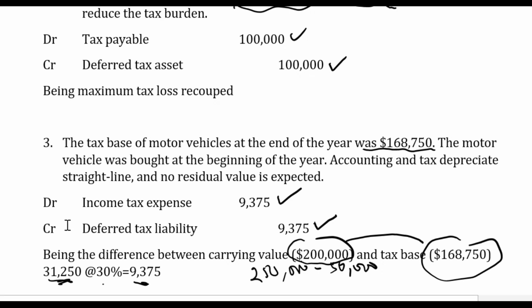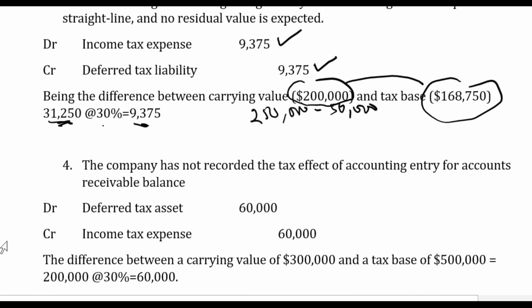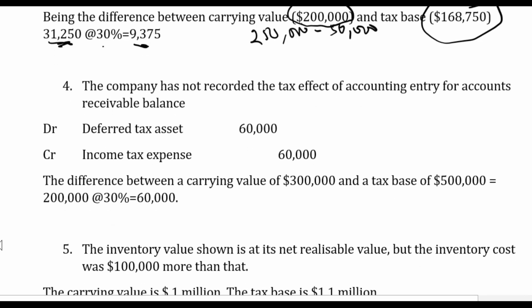Our fourth is that the company has not recorded the tax effect of the accounting entry of accounts receivable. Our accounts receivable gross amount is 500,000, and there was doubtful debts of 200,000.